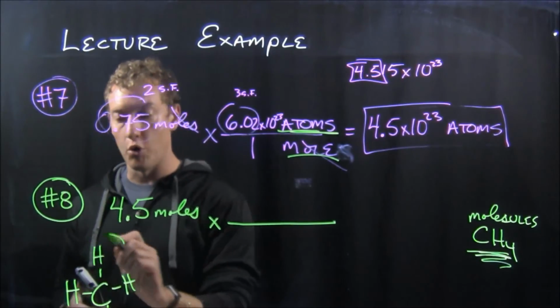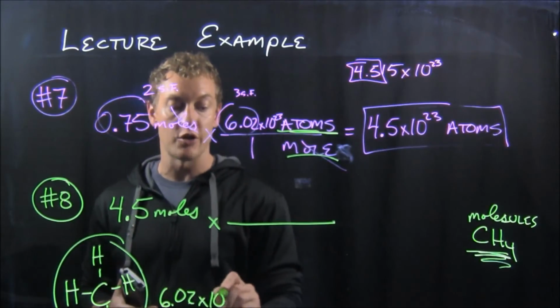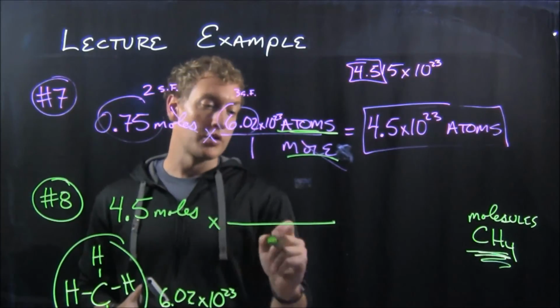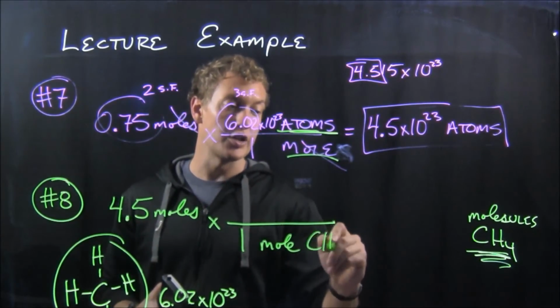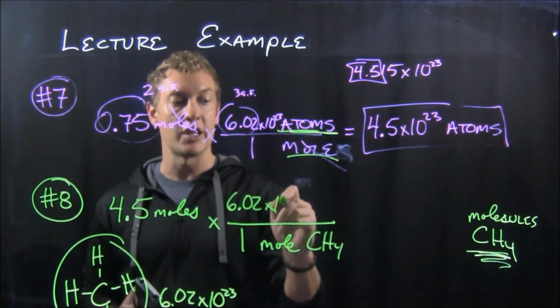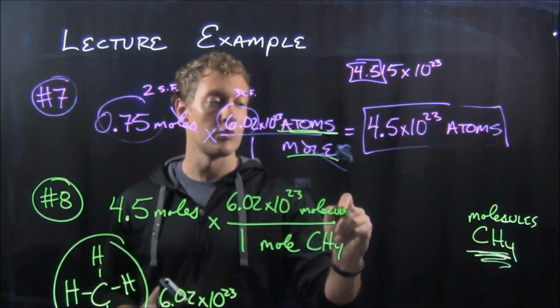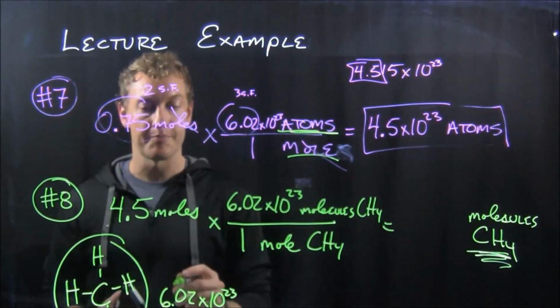And so in 1 mole of methane, there would be 6.02 times 10 to the 23rd molecules of CH4. So it's still going to be 1 mole of CH4 is equivalent to 6.02 times 10 to the 23rd molecules of CH4, or of any covalent compound.